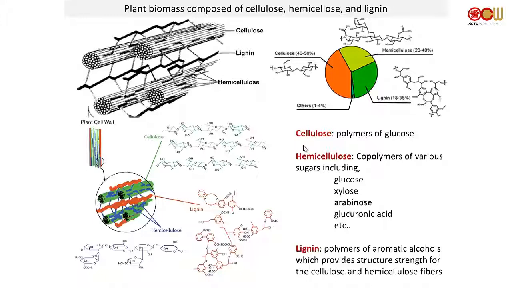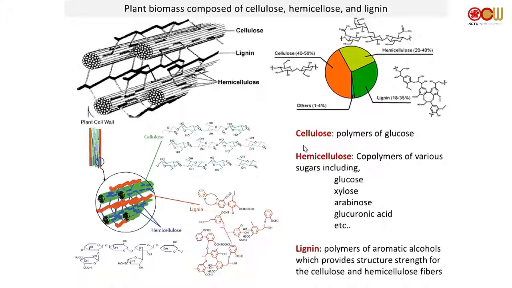Hemicelluloses are copolymers of various sugars, and these could be glucose, xylose, arabinose, glucuronic acid, whatever, which is why it's called hemicellulose. It's not exactly a polymer of glucose; it's a copolymer of various sugars.